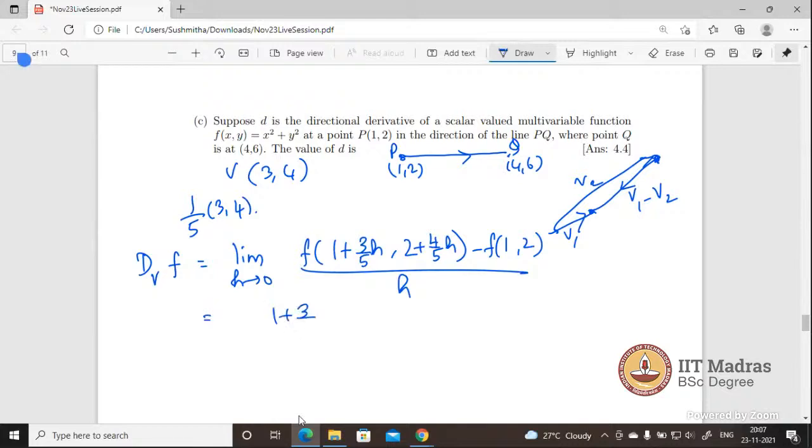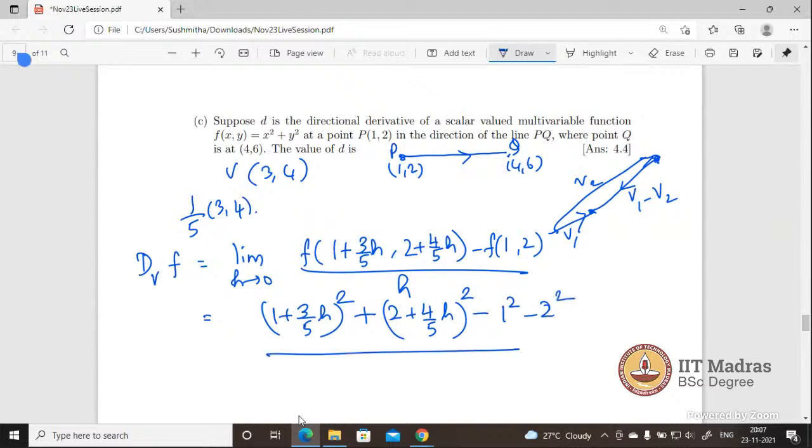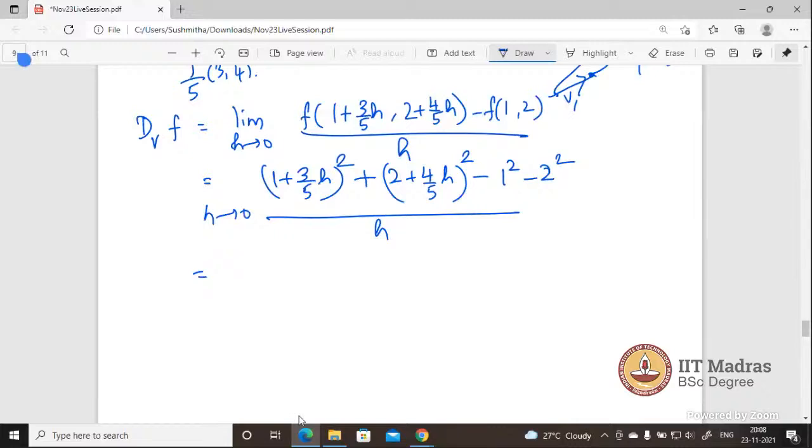So this is 1 plus 3 by 5h squared plus 2 plus 4 by 5h squared minus 1 squared minus 2 squared, by h as h tends to 0. So 1 squared gets cancelled.